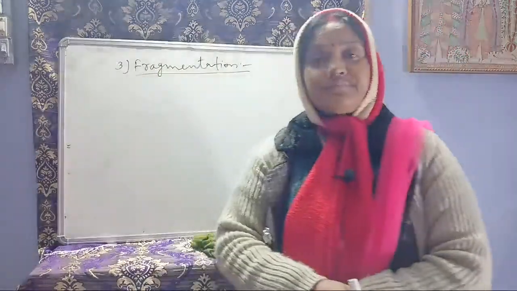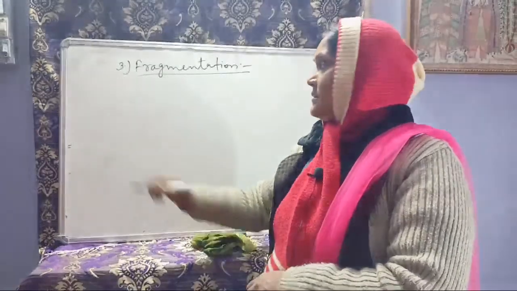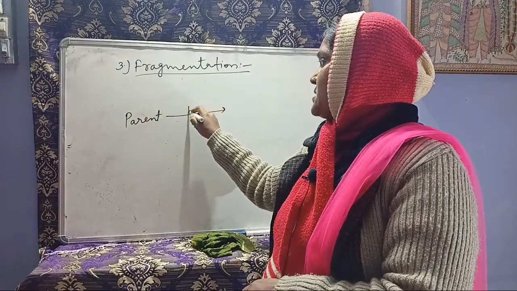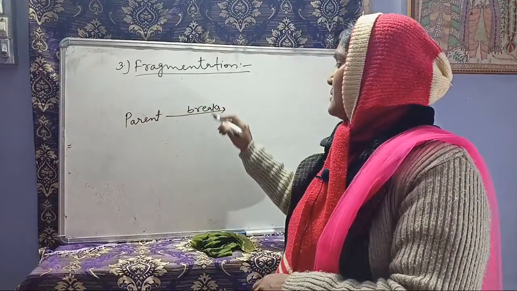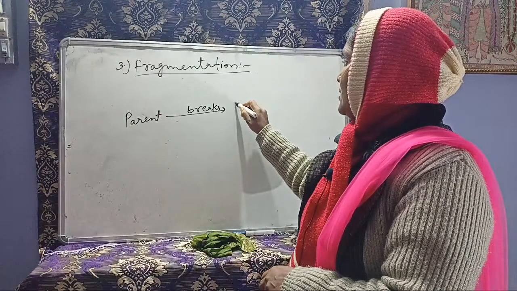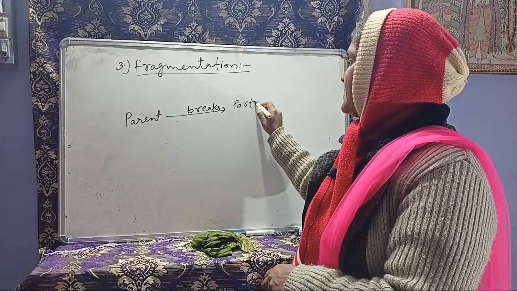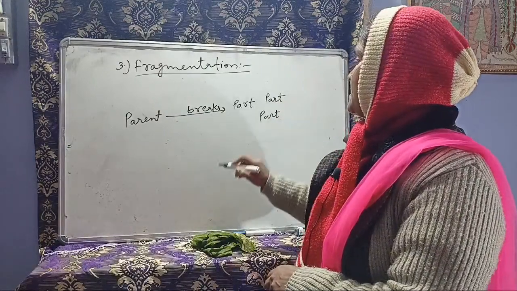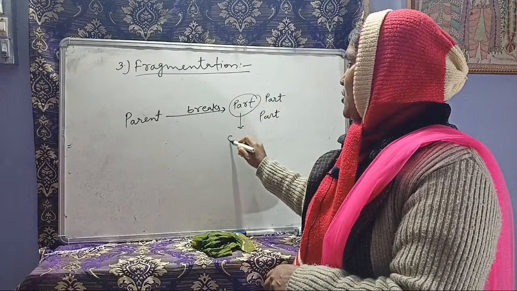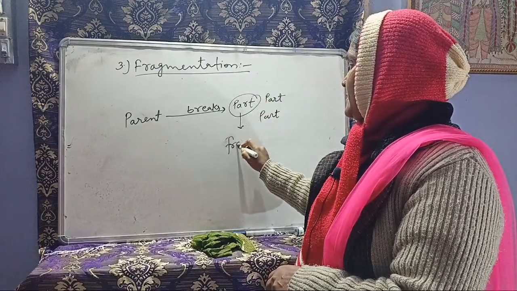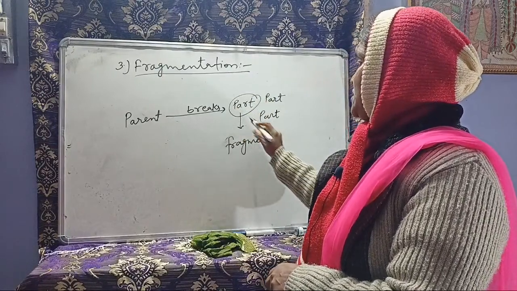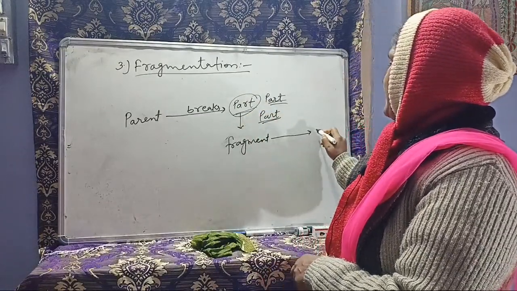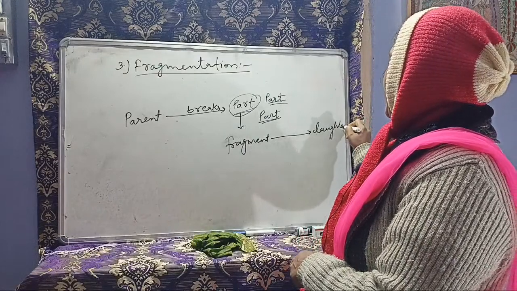When the parental body breaks into smaller parts, two or more parts, each part is called a fragment, and each fragment has the capacity to develop into a daughter.